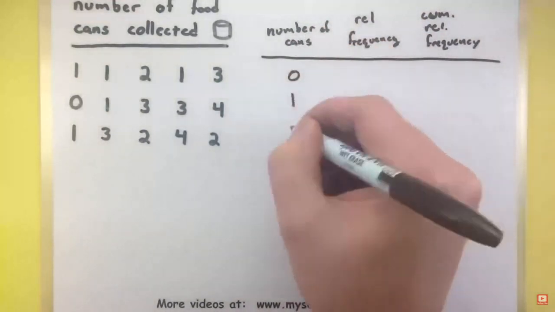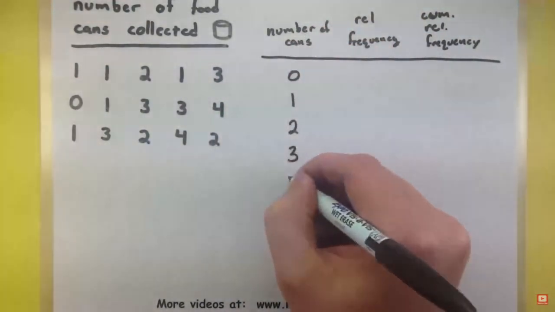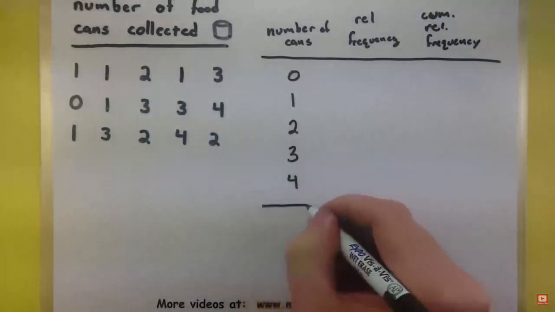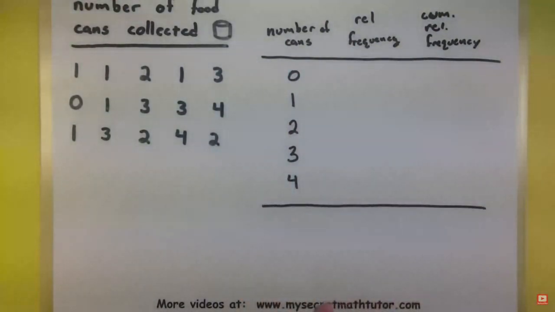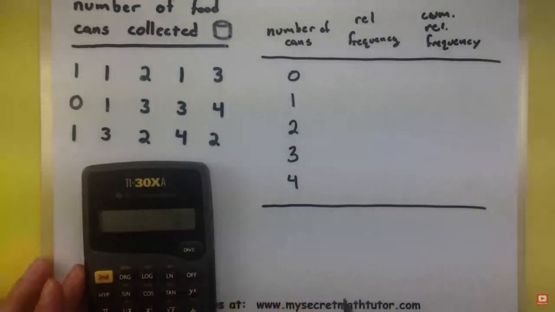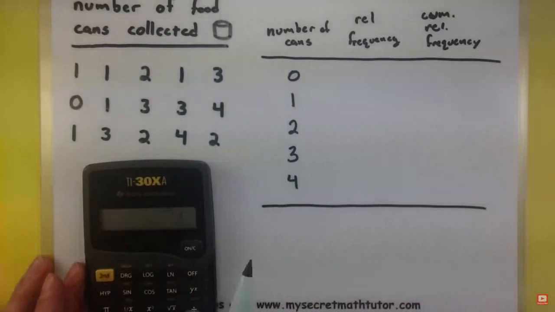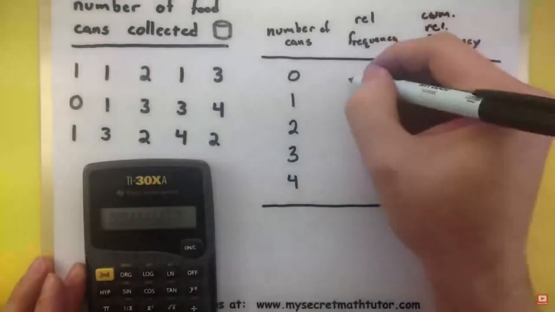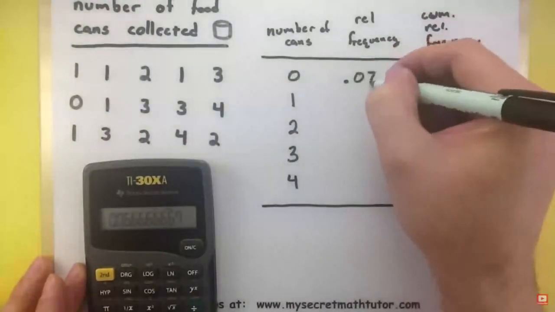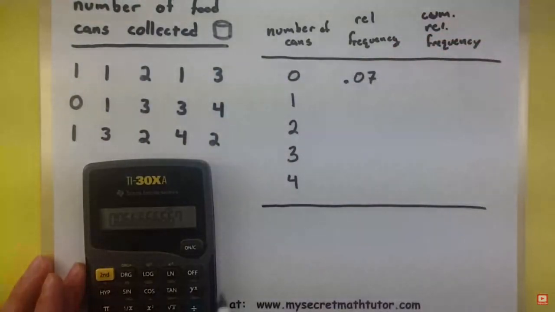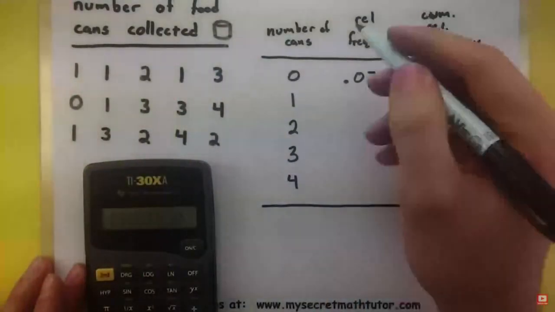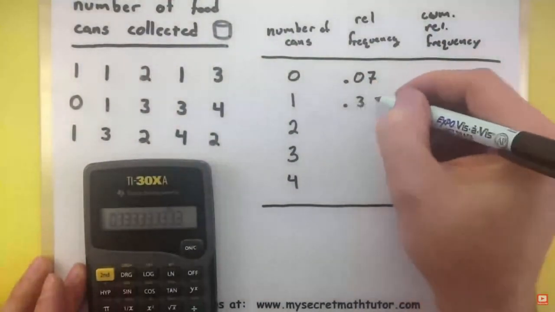So 0 cans, 1 can, 2 cans, 3 cans, and 4 cans. Right, for the relative frequency, we want to see how often these appear divided by the total number of data points, which is 15. So starting off with 0, I see it appears on my list once, divided by 15, a relative frequency of 0.07. I see 1 appears 1, 2, 3, 4, 5 times, divided by 15, I get 0.33.